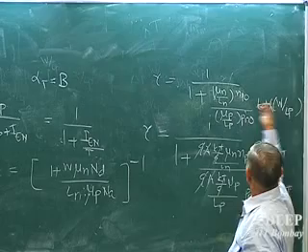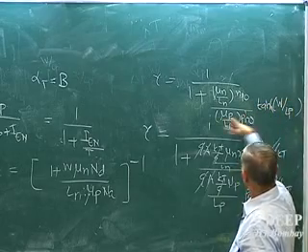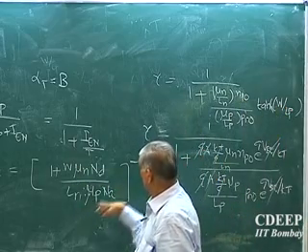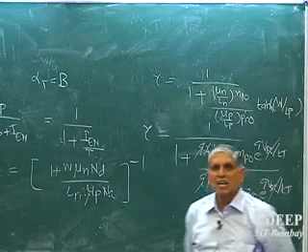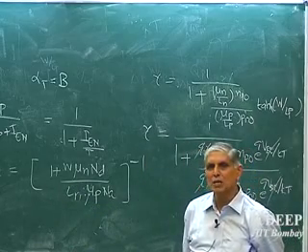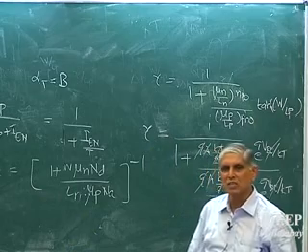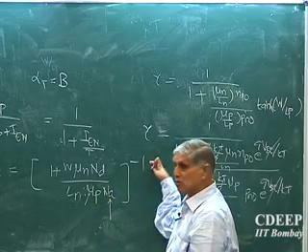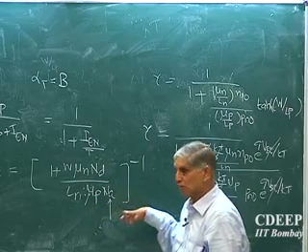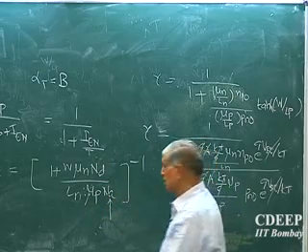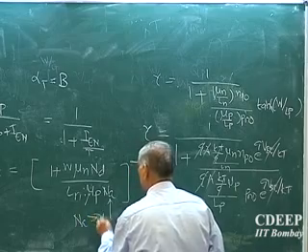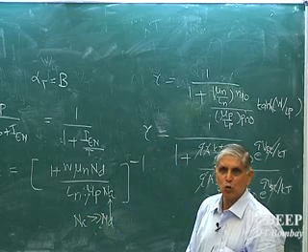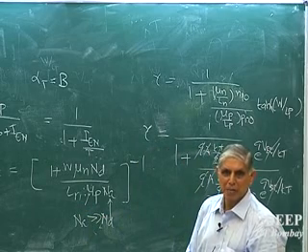Final expression, expand this, write mu n by mu p as W by LP. If I want to make gamma very close to 1, what should I do? This should be minus 1. This should be close to 0, which means NA should be much larger than ND. Emitter doping must be much larger than base doping.